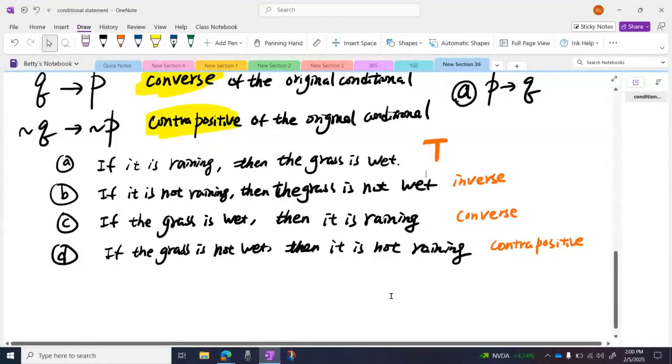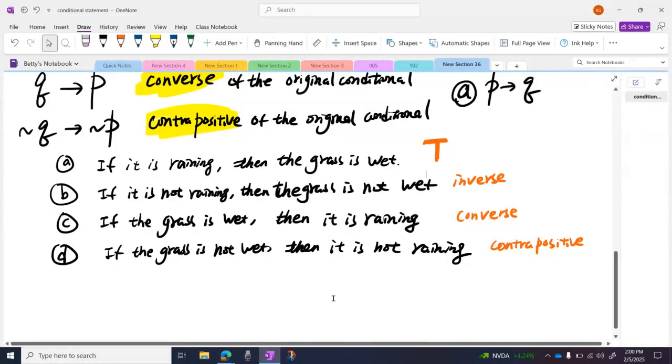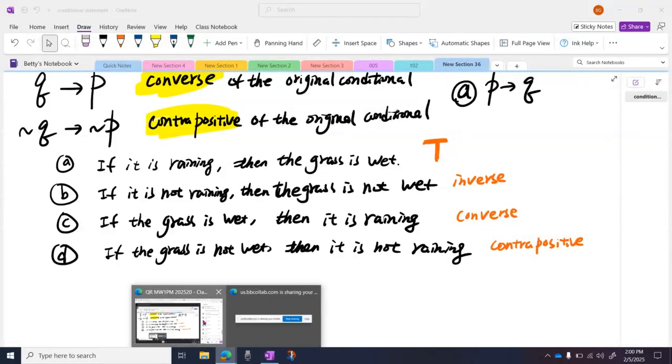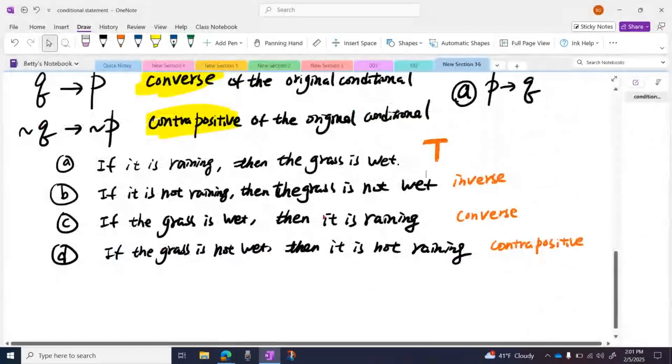Let's read it. If it is not raining, then the grass is not wet. Logically, does this make perfect sense? In order to be a true conditional statement, that statement has to make perfect sense. What do you think about this one? If it's not raining, then the grass is not wet. I think it's false, guys. Think about it. If it's not raining, the grass does not have to be dry, right?